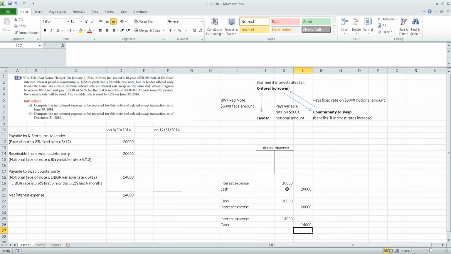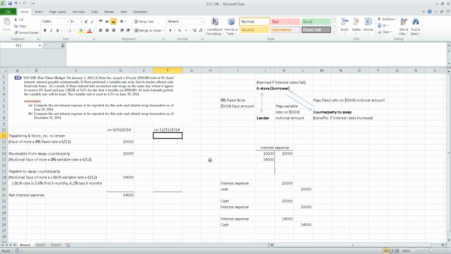So if you post all of these hits to the interest expense T account, we've got a debit to interest expense, a credit to interest expense, and then another debit to interest expense. And if you balanced out that T account at June 30th, you'd get that $14,000 that you see depicted here in the column under 6/30/2014.